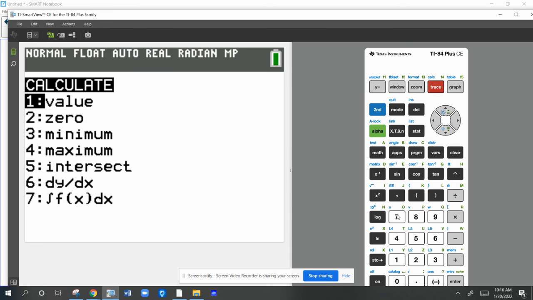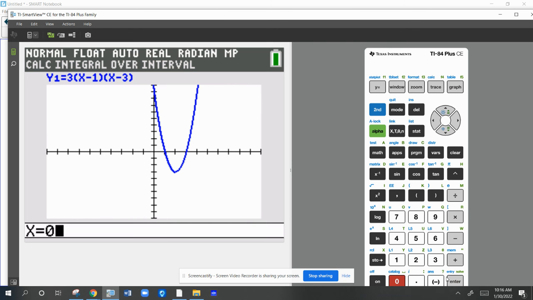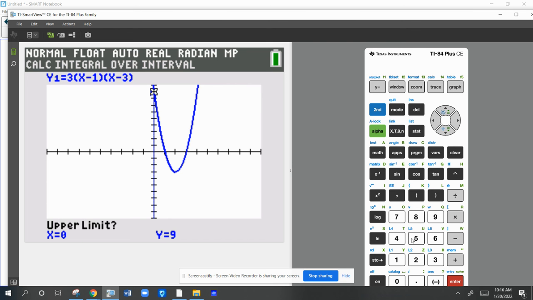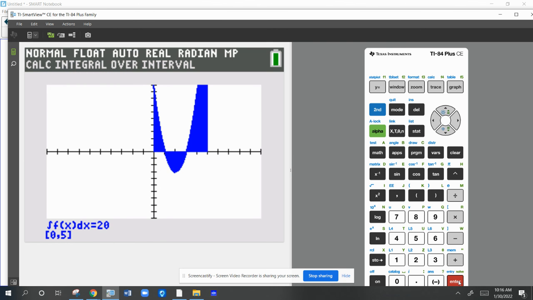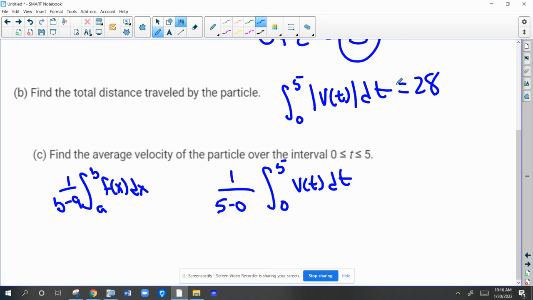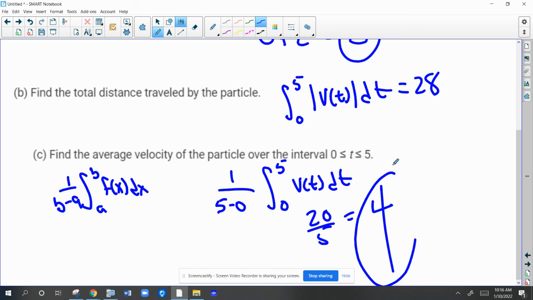I'm going to integrate that again from 0 to 5. This should be lower than the previous one because you're going to have this negative part. So that's 20. That's a nice number because we're dividing this by 5. So this is going to be 20 over 5, which is 4. There you go.